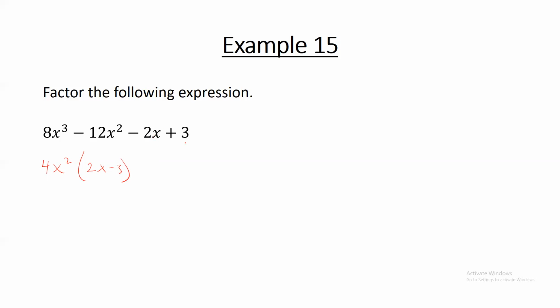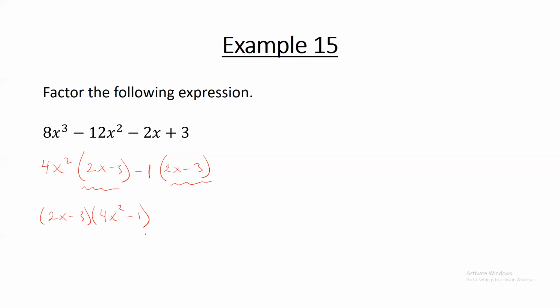The 2x and 3 here don't have a common factor, but we should factor out a minus 1 to make the signs match what's in the first parenthesis, because negative divided by negative is positive, and positive divided by negative is negative. So that will make the 2x minus 3 match. And now we can factor out 2x minus 3, leaving us 4x squared minus 1.